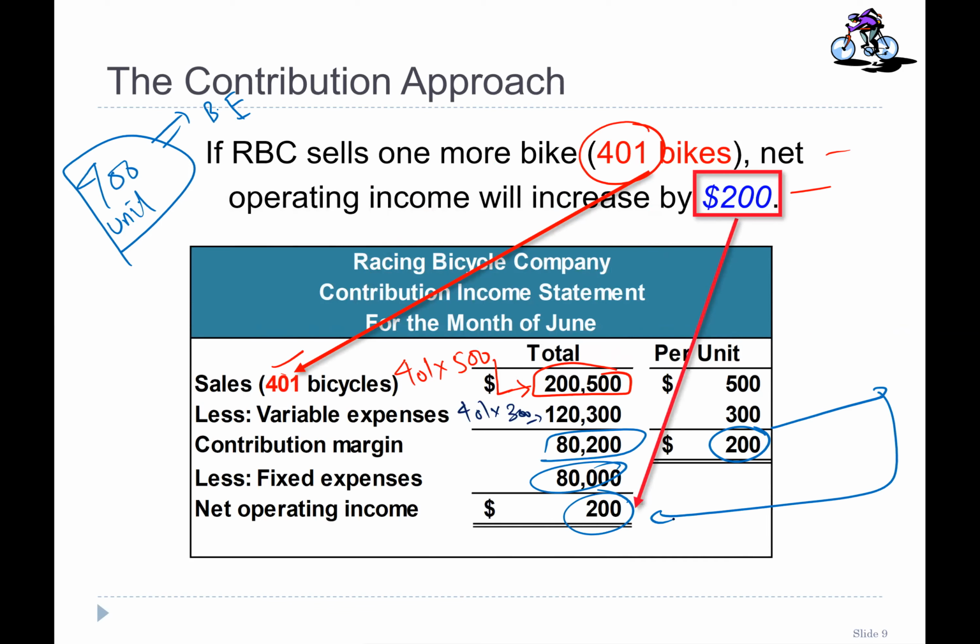So that is the beauty of the contribution margin approach. You don't have to make the complete income statement. Just remember that your break even in units is 400, and now above 400, whatever you sell, if you sell 2 above 400, 402, then 2 multiplied by the contribution margin would be your operating profit, right?